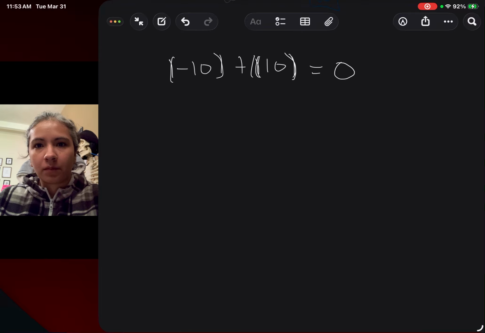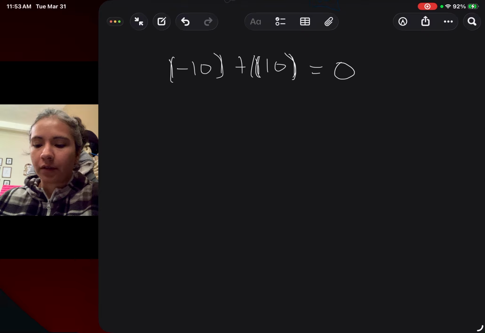The sum of two numbers with opposite signs has an absolute value equal to the difference of their absolute values, which is what we just did, and its sign is the same as the sign of the number with the greater absolute value. And the sum of two opposites is 0, which was our last example.